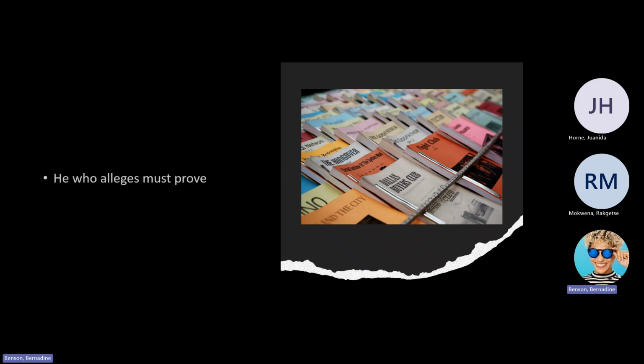You must be able to situate what you are saying or the argument that you are making in a reliable source. Now, what is a reliable source? A reliable source is something that has passed checks and balances in terms of quality control.